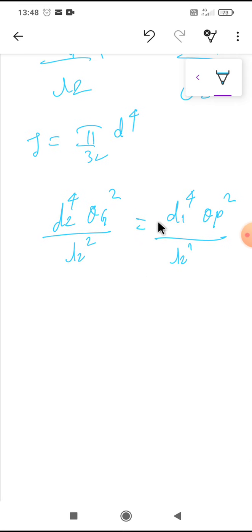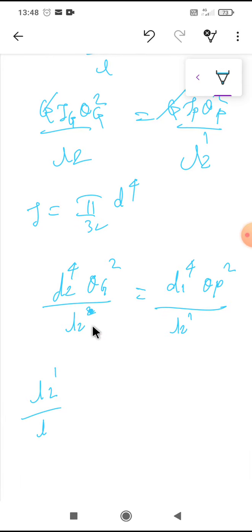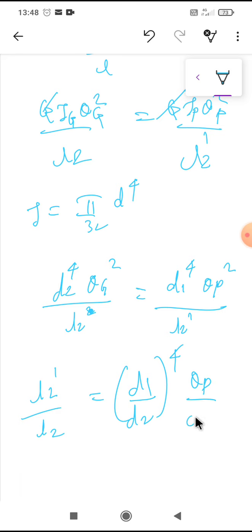So this is the formula. Now let me take similar terms on one side. So let me take L2 dash on the left. So L2 dash upon L2, here there is no square, so here is just L2, is equal to D1 raised to 4 divided by D2 raised to 4 into (θp by θg) whole square.